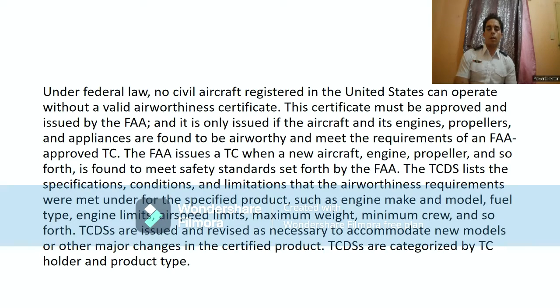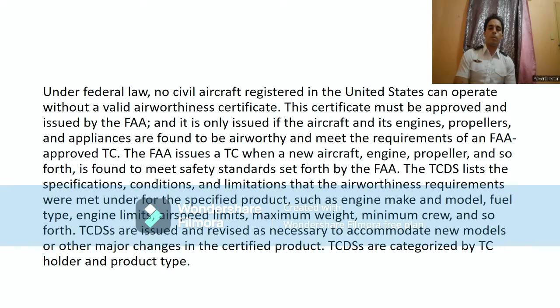The TCDS lists the specification, conditions, and limitations under which the airworthiness requirements were met, such as engine make and model, fuel type, engine limitation, airspeed limitation, maximum weight, minimum crew, and so forth.